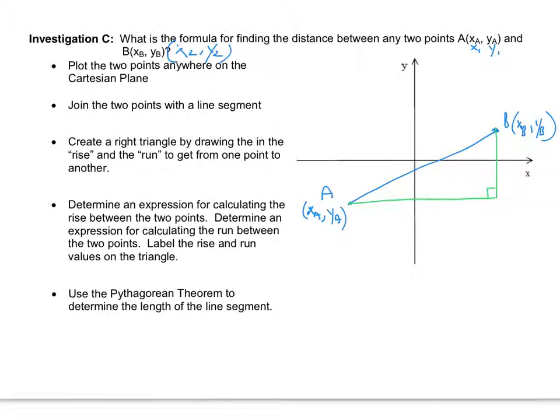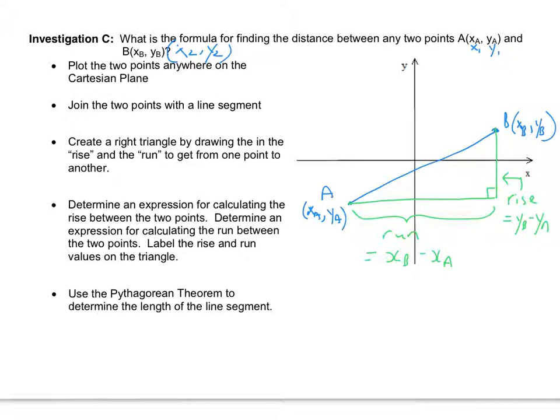I know that my run, this number here, can be found by calculating my XB take away my XA. That's how I get that distance there. And my rise is equal to my YB minus my YA.